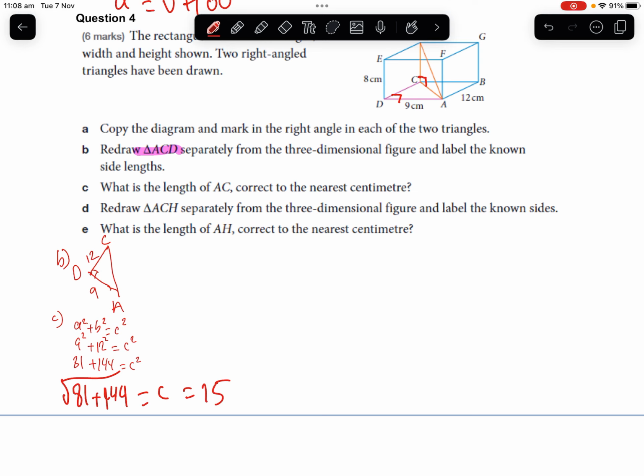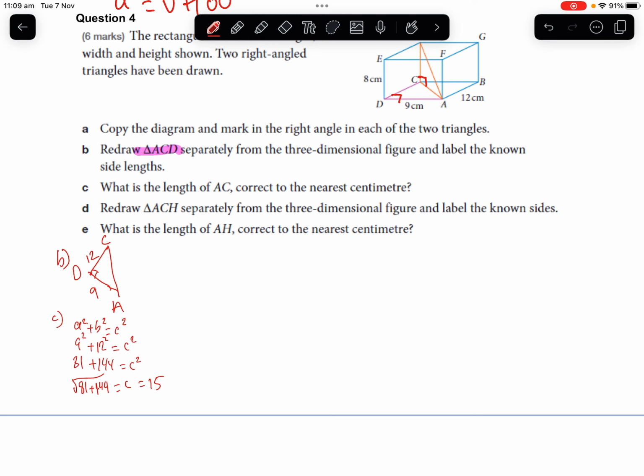Find the square root of those. C is equal to 15. Okay, that's part C done.